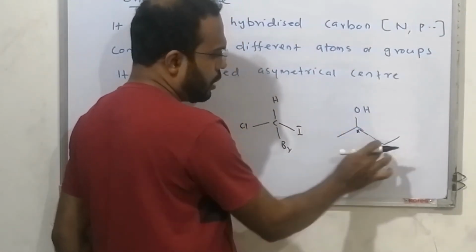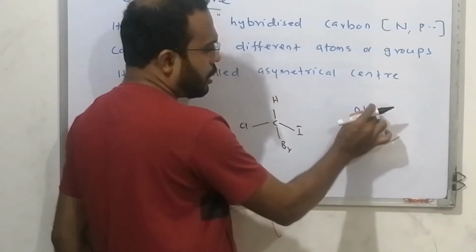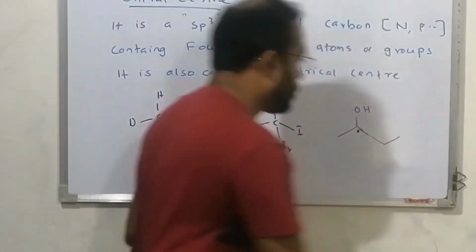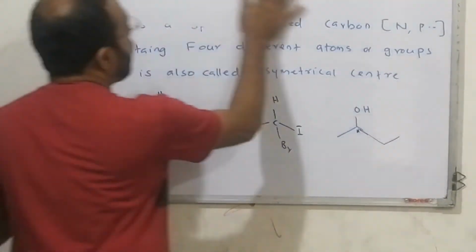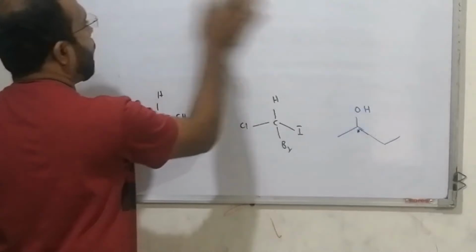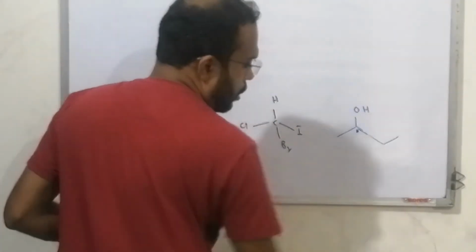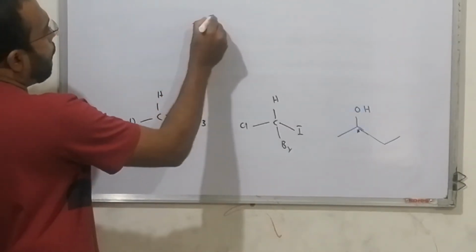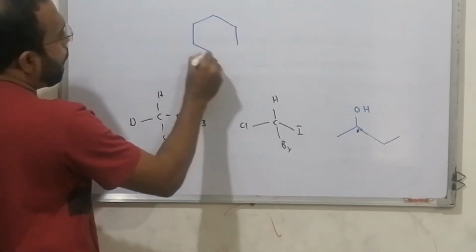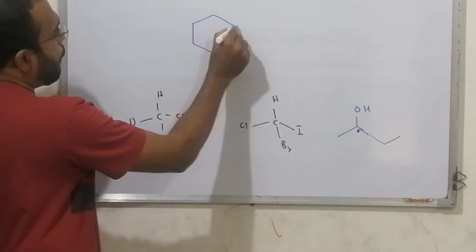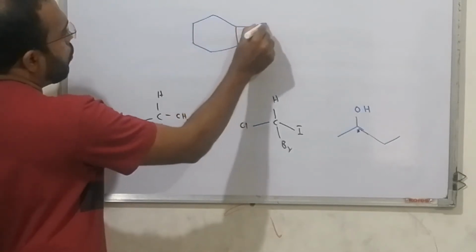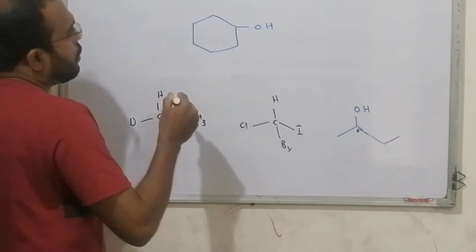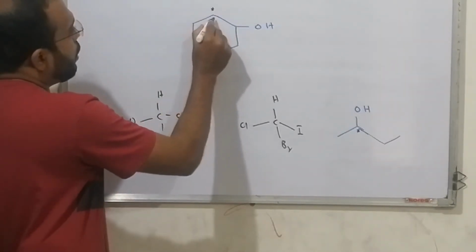Because this is CH3, this is CH2CH3, this is OH, here a hydrogen. Okay. Another one, look at here. OH. This carbon is chiral. You know why?